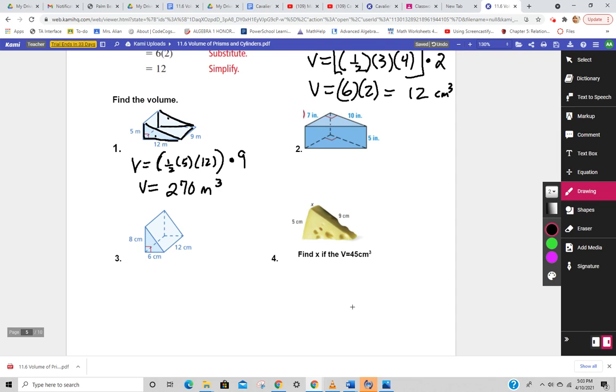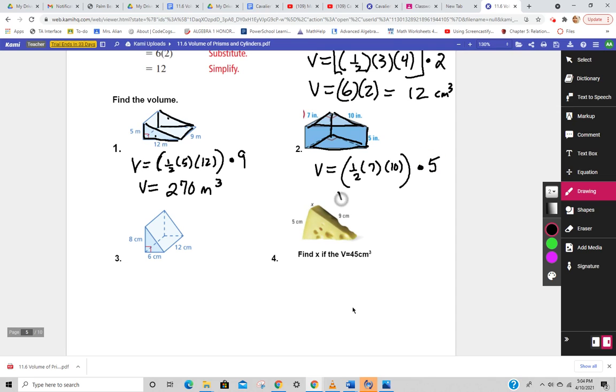All right, let's look at the next example. So the volume, again, it's a triangular base, so it's going to be 1/2 times the base 7 times the height 10 of the triangular base, all that times the distance, which is the height, the distance between our upper triangular base and our bottom triangular base. And that distance is right here, 5.